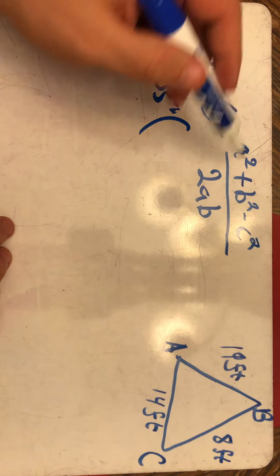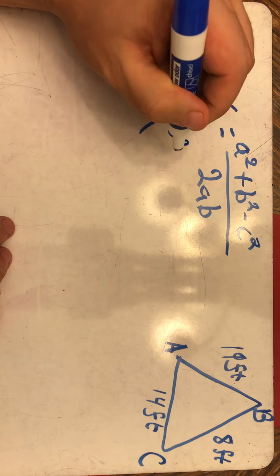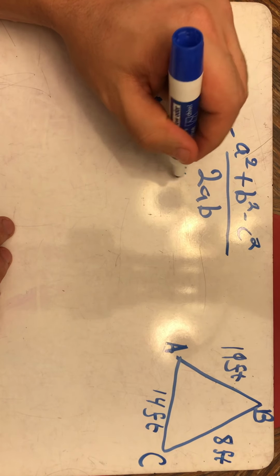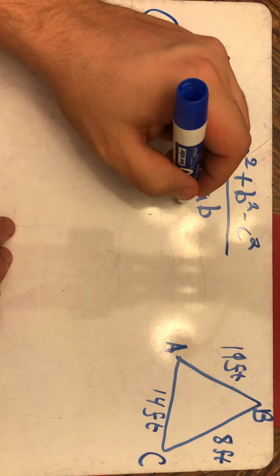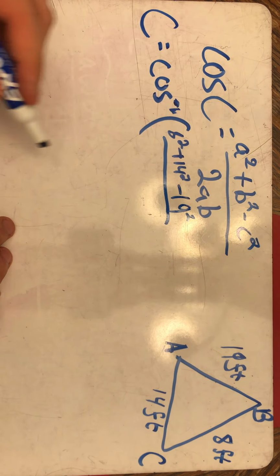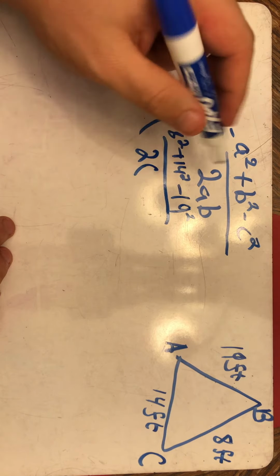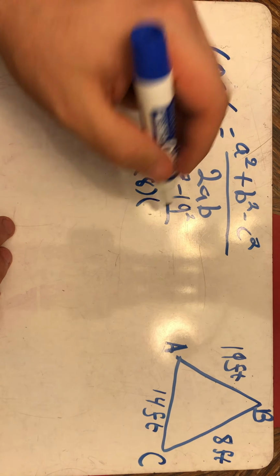A is 8, so we're going to have 8 squared plus 14 squared minus C squared, which is 19 squared, and we're going to divide all of that by 2 times A, which is 8, times B, which is 14.